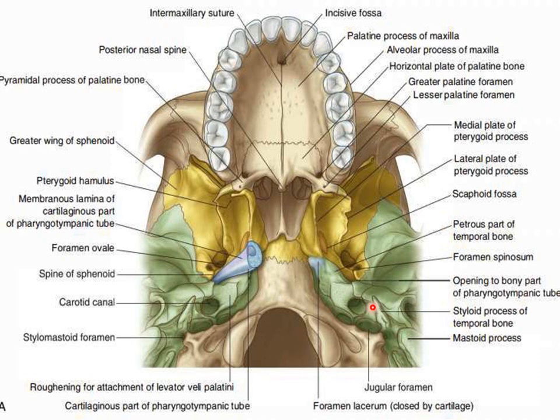This is the styloid process of the temporal bone. Then we can see the opening to the bony part of the pharyngotympanic tube. This area is known as the petrous part of the temporal bone. So these are the few identification points at the lateral part of the Norma basalis.